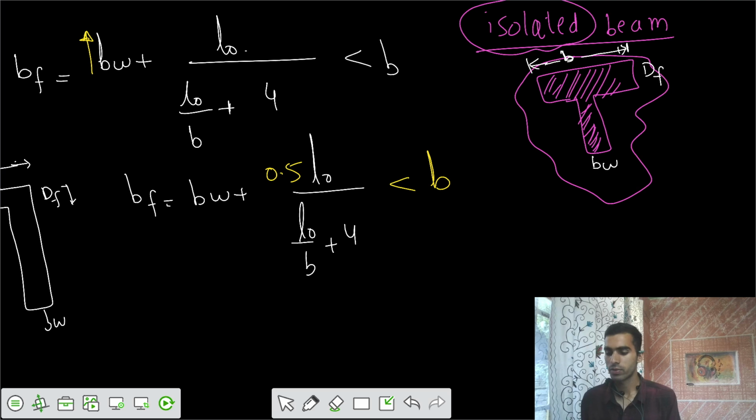So it increases with the increase of those particular values. We also say that BF depends on the loading, concentrated or distributed.